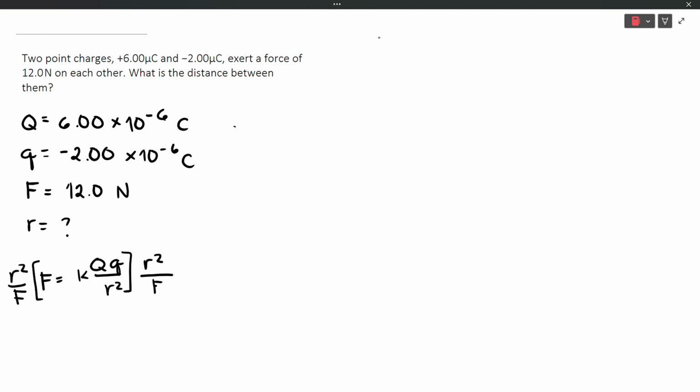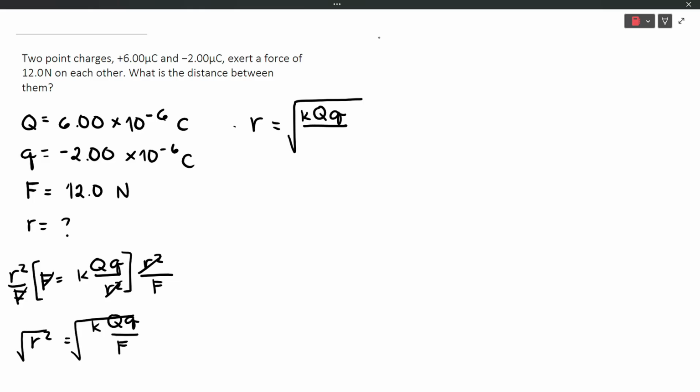So remove that F, and then R squared is also removed here. Therefore, we have R squared is equal to K times Q over F. And then we extract the root of both sides. Therefore, we have our formula R is equal to the square root of K times Q times the small q over F. And that is now our formula for the distance between the charges.